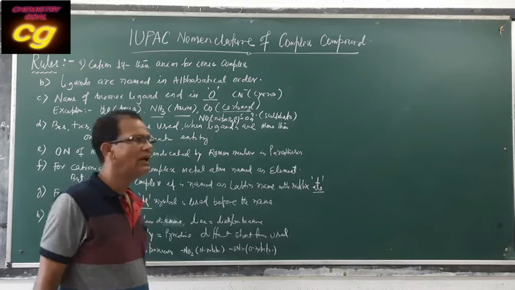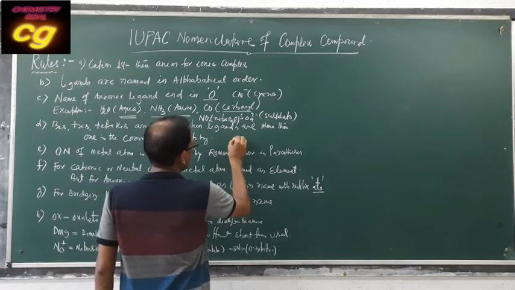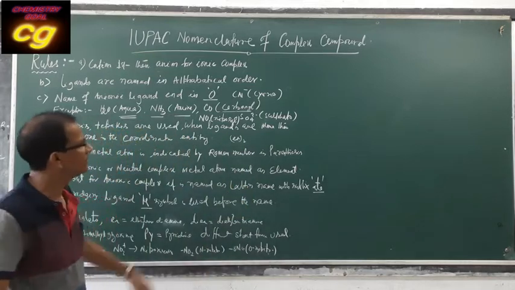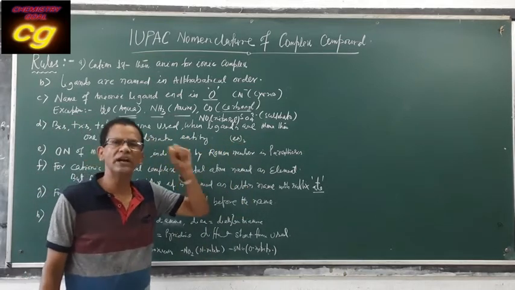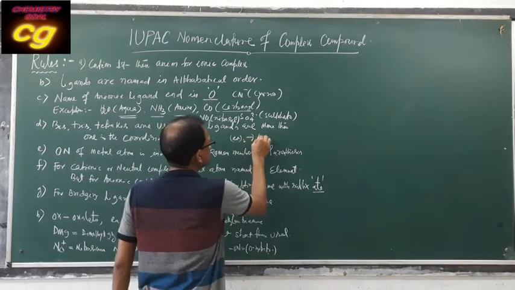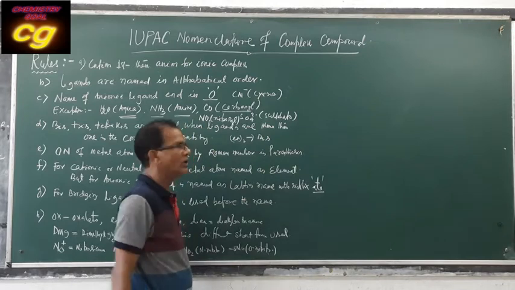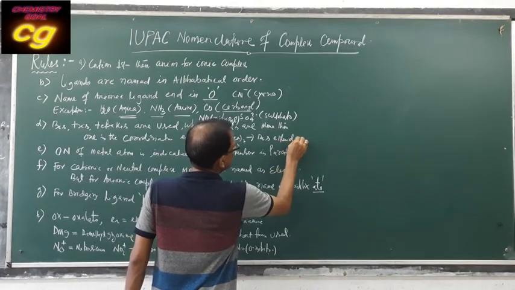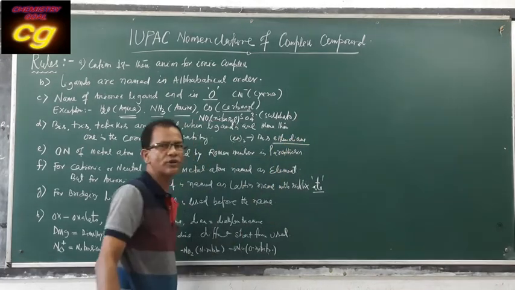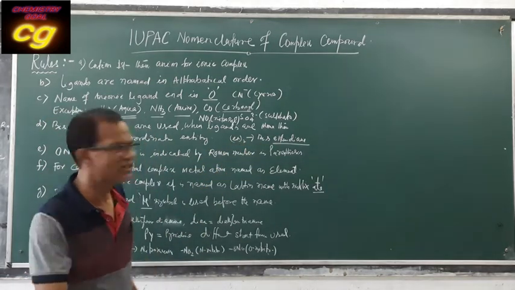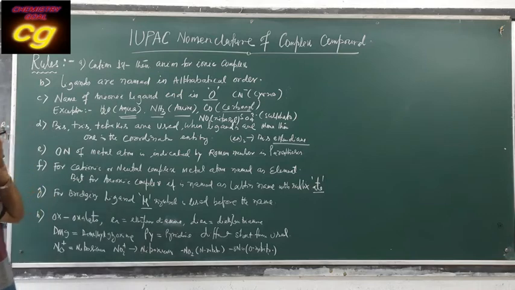For example, if it is en whole 2, we can use bis ethylenediamine. Bis means 2. We can use the short form, so en in bracket with 2 means bis, 3 means tris.